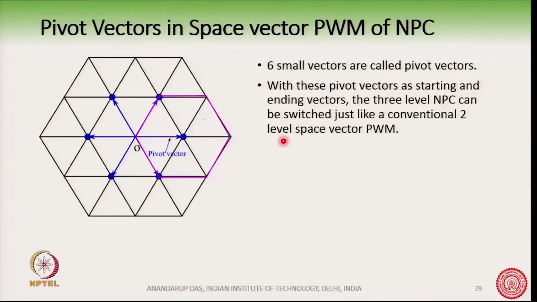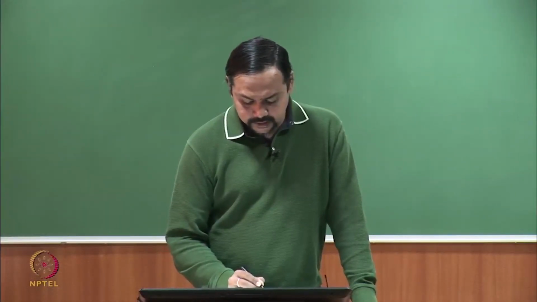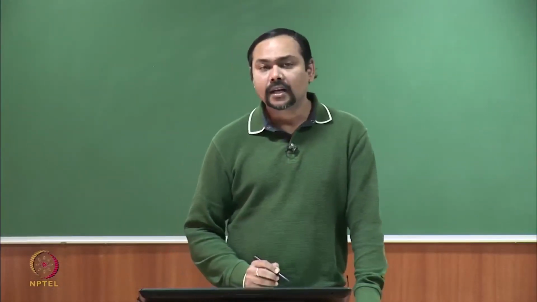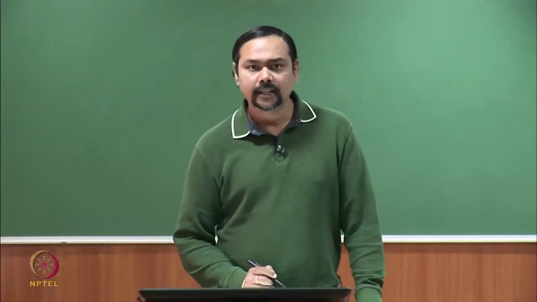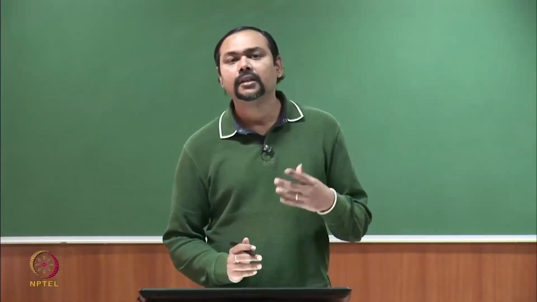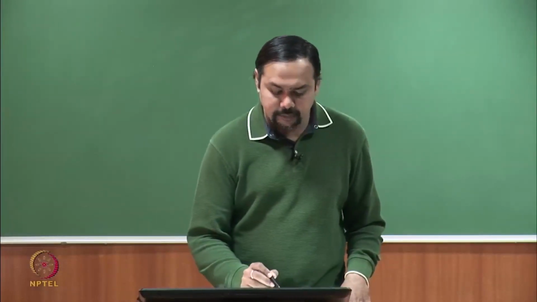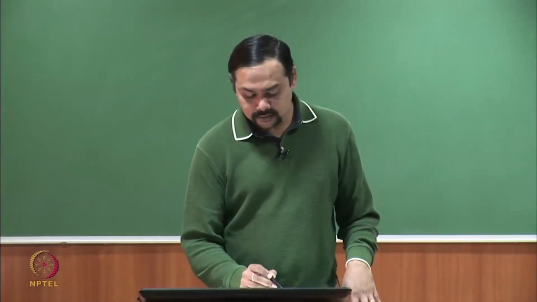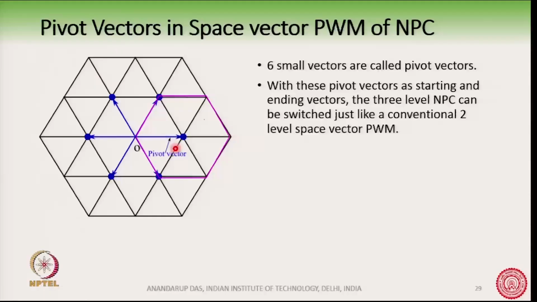In order to understand, we see that if we make the pivot vector the starting and ending vector in a switching cycle, which we have just explained by taking point B as the pivot vector, where we did a switching starting and ending with the B vector.